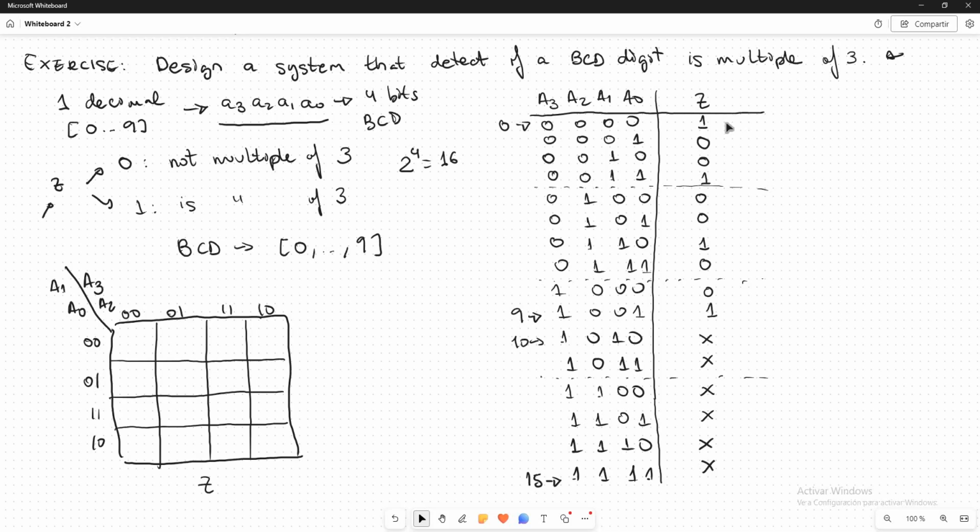We have here in the first column 1, 0, 0, 1. The second column we have 0, 0, 1, 0.